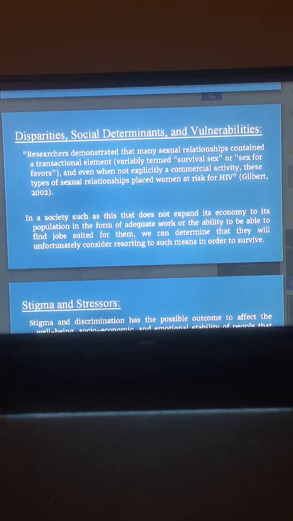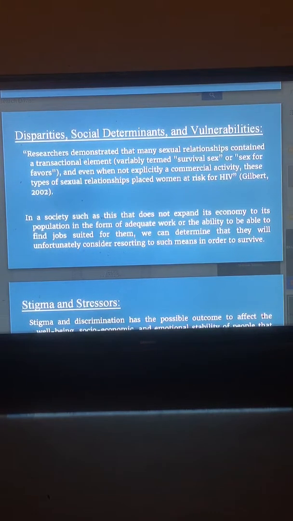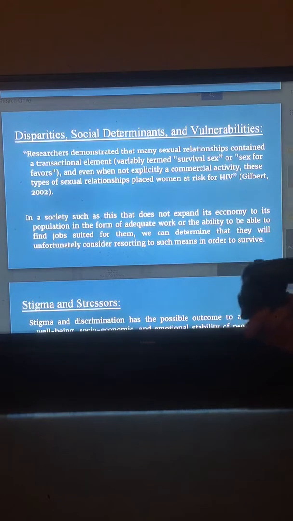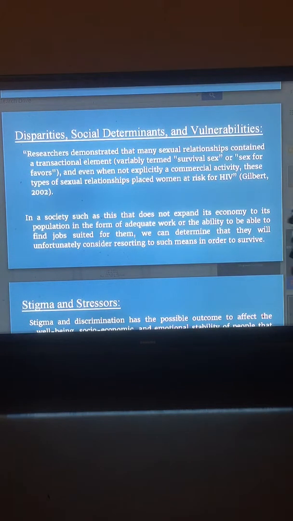In a society such as this that does not expand its economy to its population in the form of adequate work or the ability to find jobs, yes, we did see economic expansion within the country of Kenya, but for some reason that didn't equate to equality in the workforce or being able to find jobs. And that is outlined in the paper. Basically, you see that expansion within the economy, but you don't see that expansion within the workforce either.